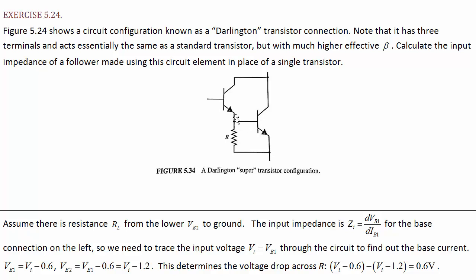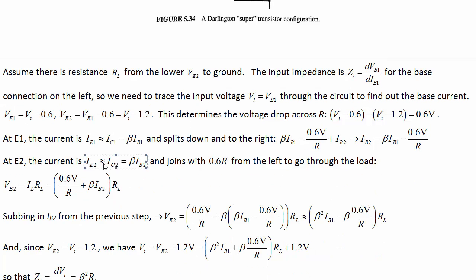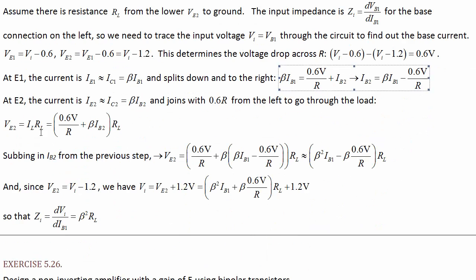The emitter current from transistor 1 goes partly into the base current for transistor 2 and partly into the resistor here. And then they meet up on the other side. So the portion that goes through there is multiplied by beta again as it goes down to there. Then it combines with this current to give you the output current. So writing all of those things, I encourage you to go through the math if you like. And sure enough, the input impedance does end up being beta squared times that output load impedance.